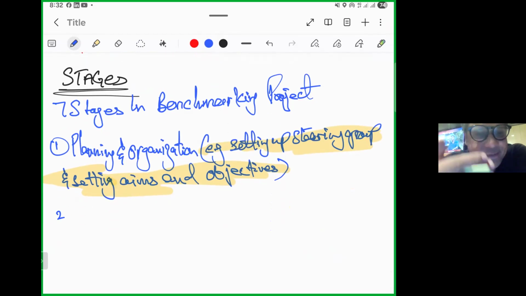Next stage is identifying key internal processes for analysis.